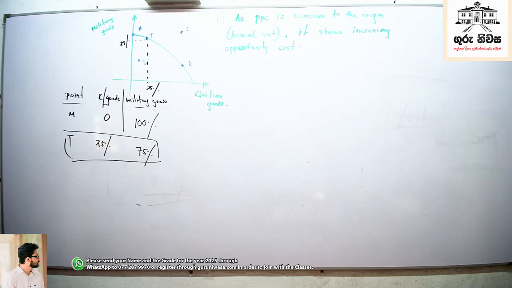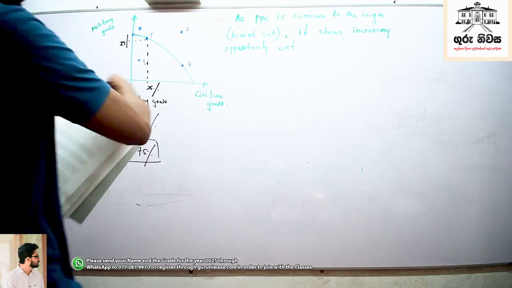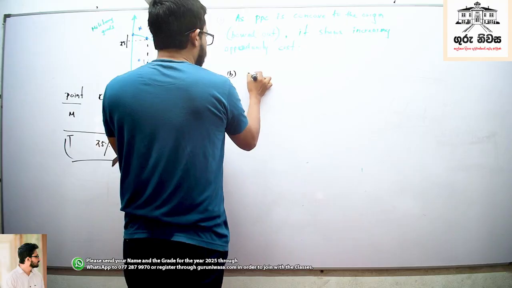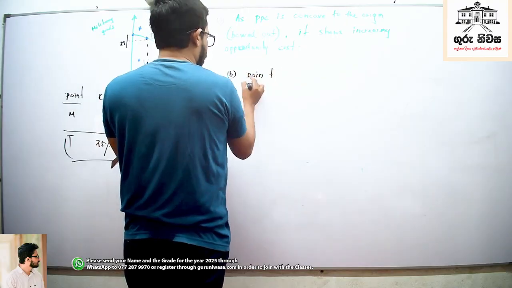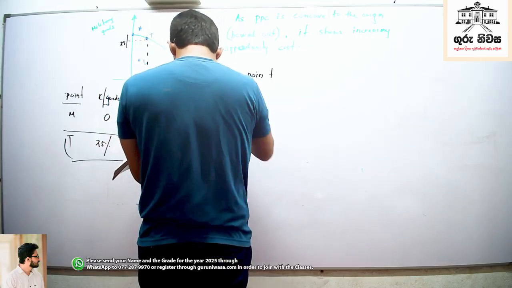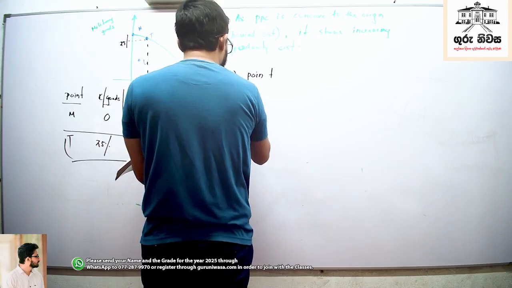I'll give the answer for your marking scheme. Point T, answer for point B, point T. Write down this explanation.